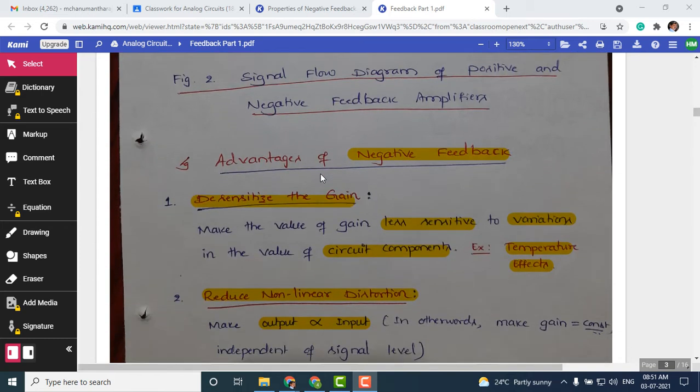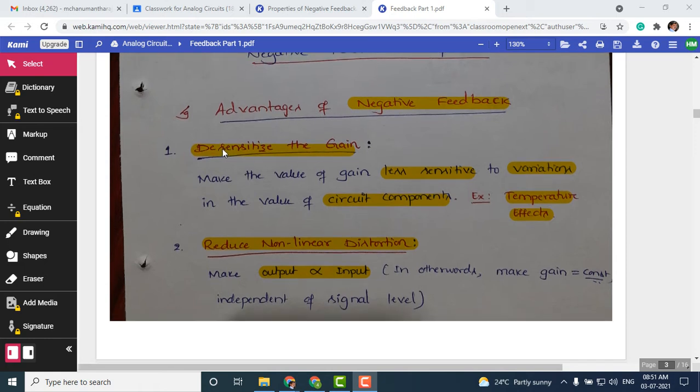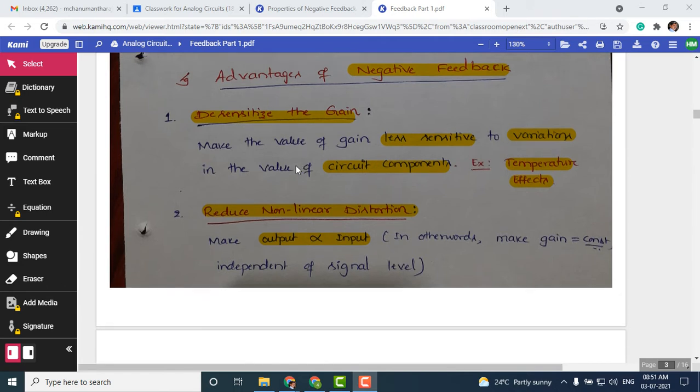And a couple of advantages of negative feedback we mentioned in the last class. Generally we have mentioned them; later on we will take up these properties of negative feedback in detail. It desensitizes the gain, because the amplifier gain depends on several parameters, so output keeps varying. Output is so sensitive. In order to desensitize the gain of the amplifier because of its dependence on temperature and other parameters, negative feedback plays an important role.